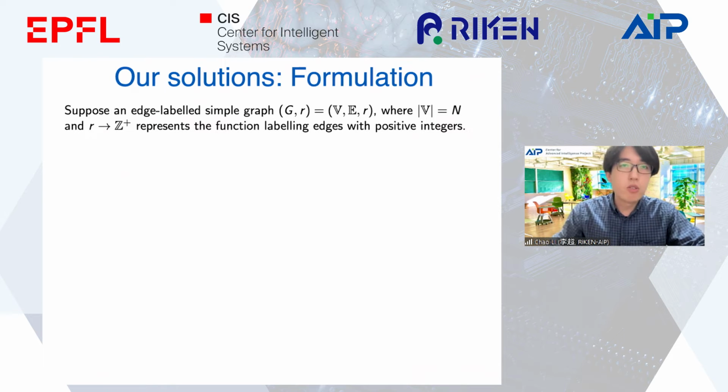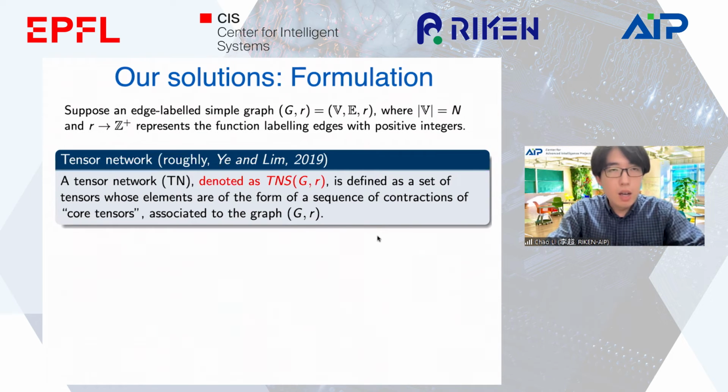And we use the explicit definition of the tensor network proposed by Ye and Lim in 2019. We choose this definition because it highlights the importance of the tensor network structures.